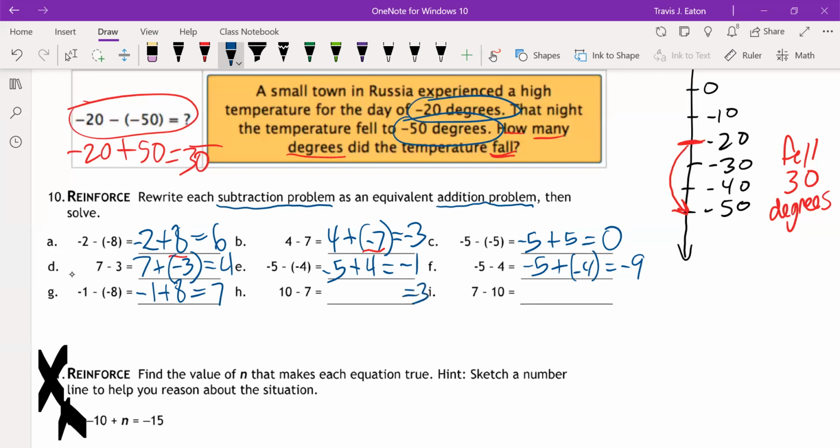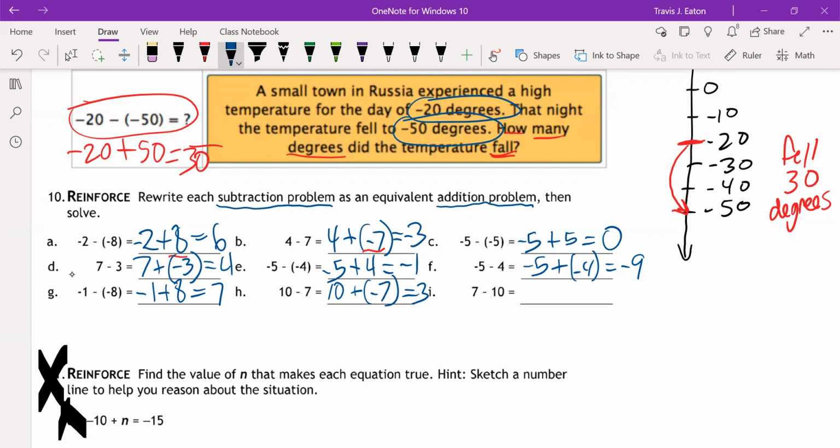But why is that? Well, because 10 stays 10, subtraction becomes addition. The opposite of 7 is negative 7. And 10 plus negative 7 is 3 because I have more positives than I have negatives after I subtract 10 minus 7. And I get 3.